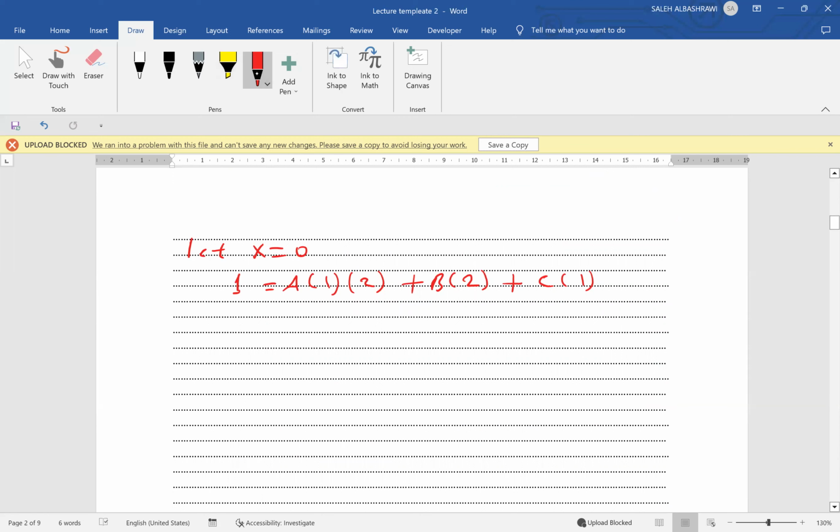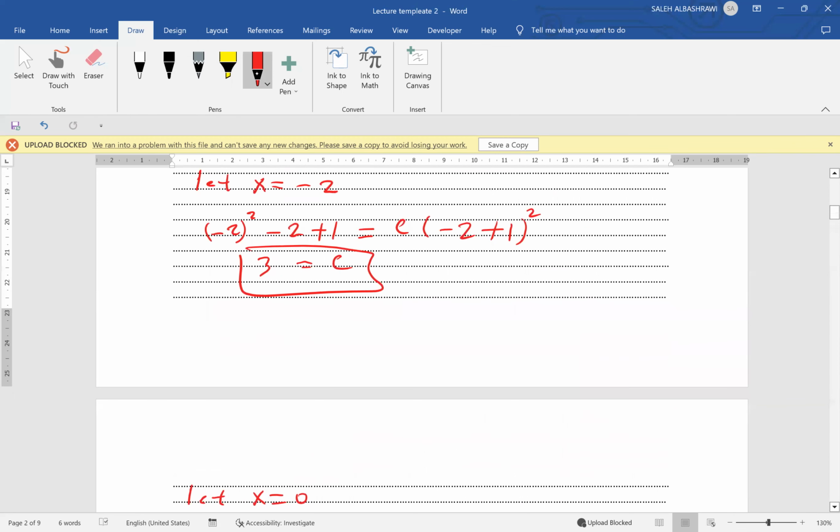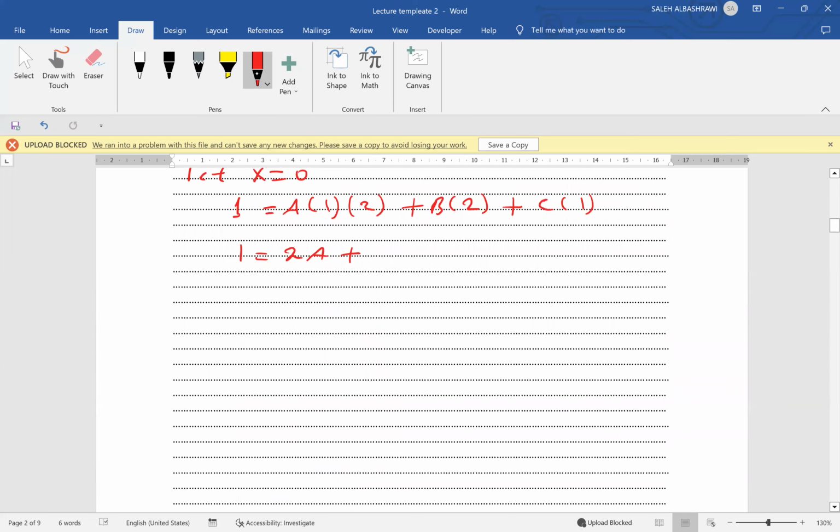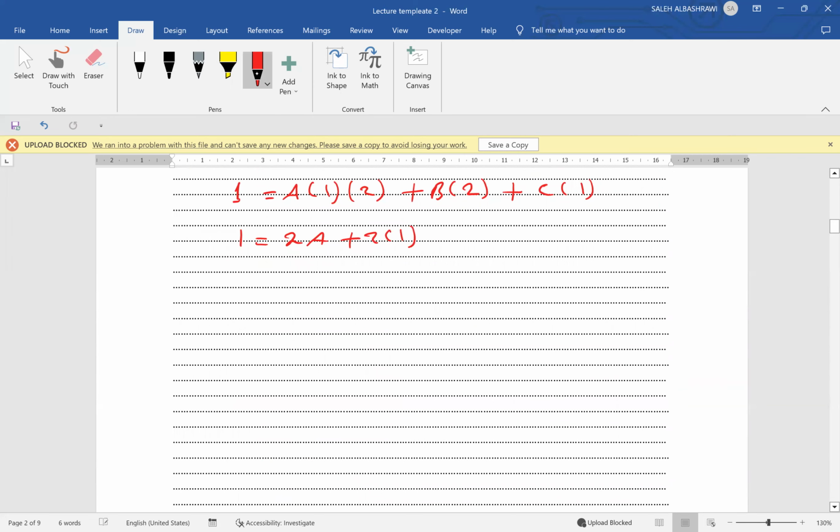So 1 equal to 2a plus, with b equal to 1 and c equal to 3, 2 multiplied by 1 plus 3. So it is 1 equal to 2a plus 5, or 2a equal to minus 4. This will give me a equal to minus 2.